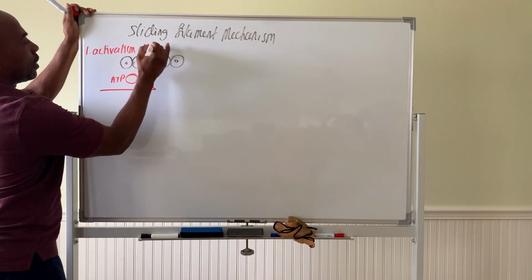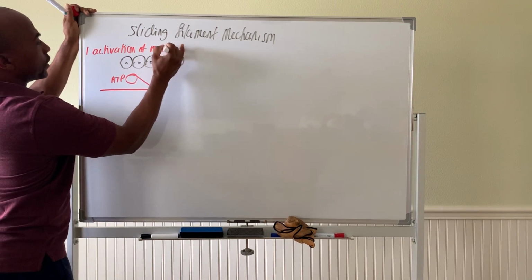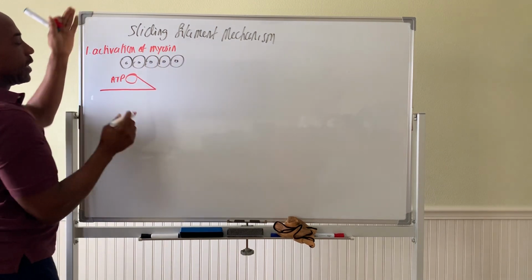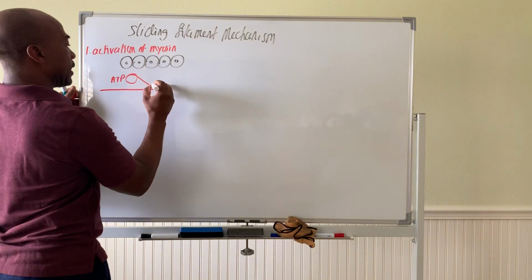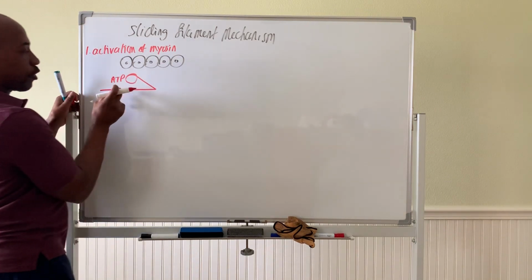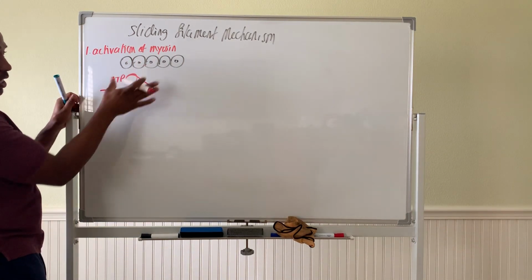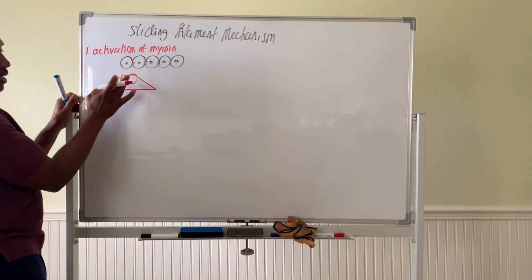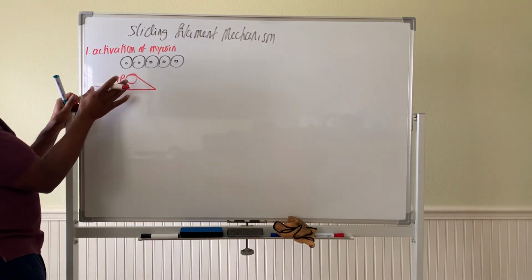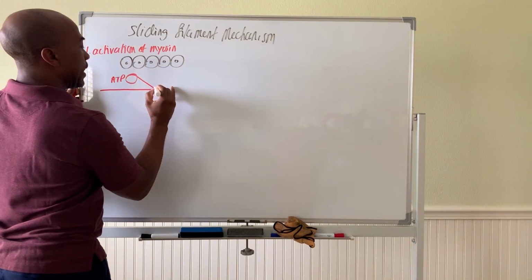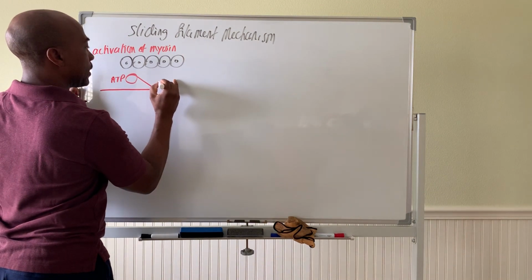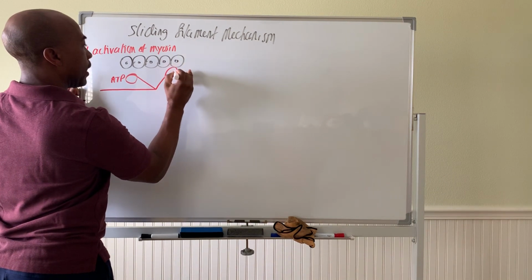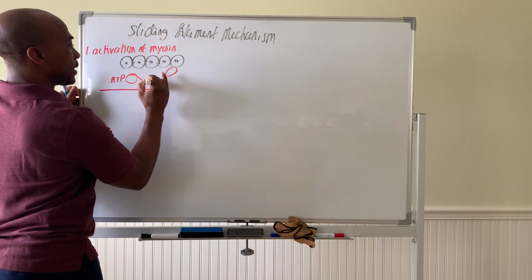Activation of myosin. In this step, what happens is ATP. So here, when you begin the process, the myosin is bound to ATP, hanging out there. And then at some point, it will move like this.